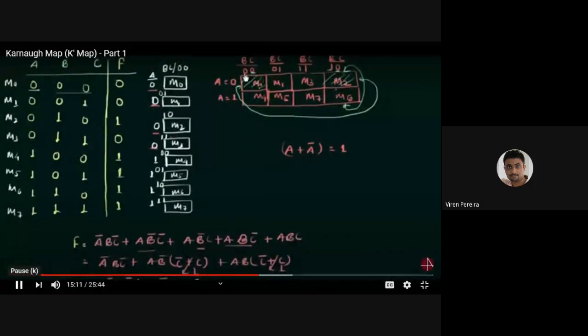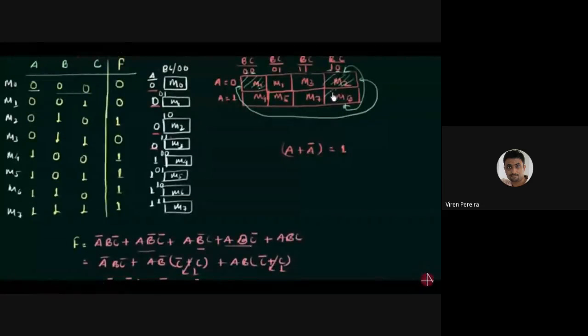1 to 0. Similarly, if you compare M2 and M6, you will find B and C same, 1 0, but A is changing from 0 to 1. So adjacency also follows. This is called the rolling of the map, or you can say map rolling.